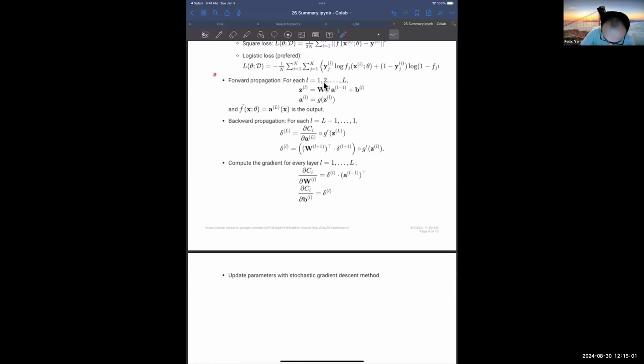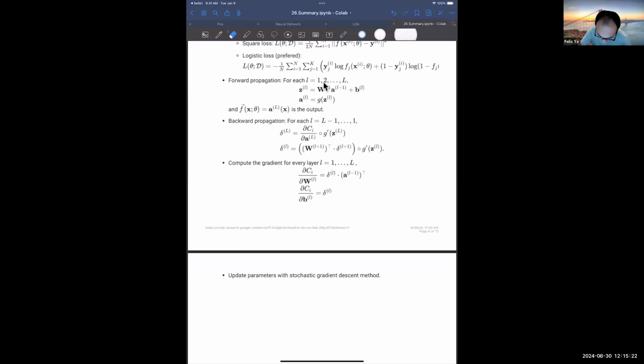So right here, we have a forward propagation and a backward propagation. We spent quite an amount of time to derive the forward propagation and the backward propagation, and implement everything from scratch.